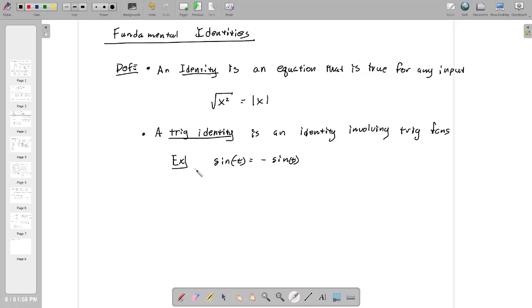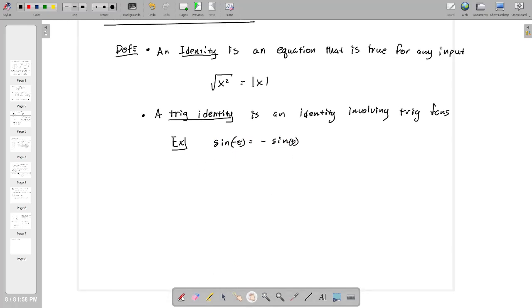So it's an identity, and it's involving trig functions. And we're going to give a few fundamental identities. Reciprocal identities. Now you should star these in your notes if you're taking notes, because they come back in chapter 7, where we deal almost entirely in identities.